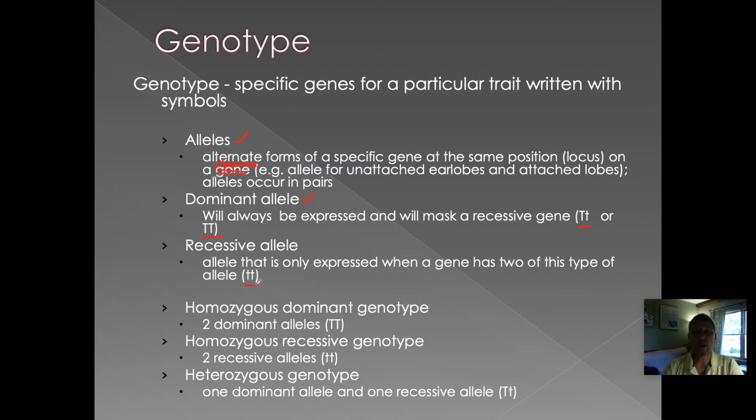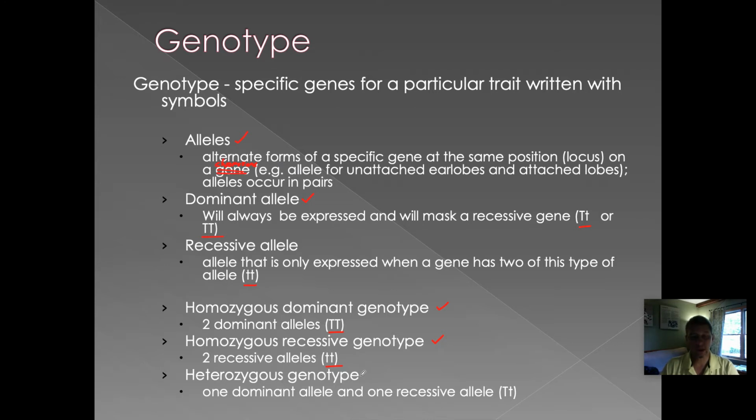Now, when you put together two different alleles, you come up with a genotype, okay? With two different alleles, there are three potential genotypes, all right? You can be homozygous dominant, meaning that you have two copies of the dominant allele. You can be homozygous recessive, meaning that you have two copies of the recessive allele.